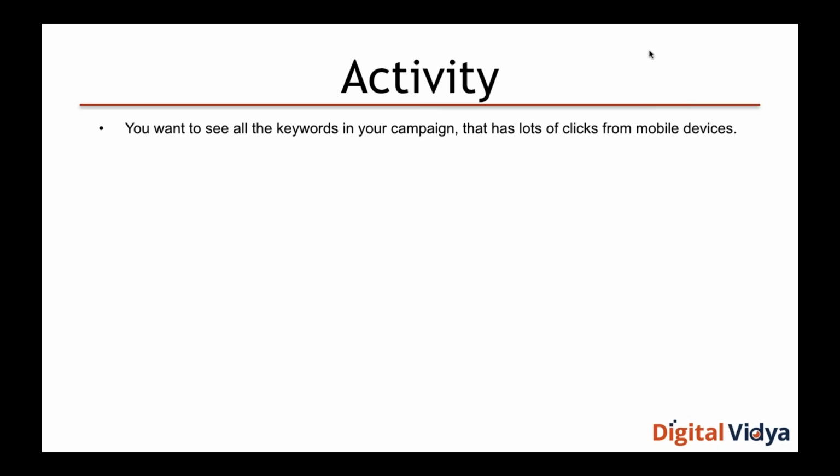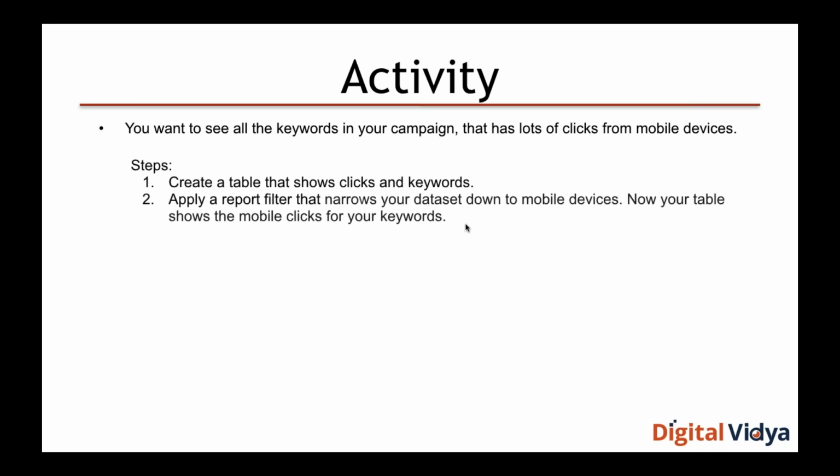Any idea? Select device in the report template. Yes, you can segment your data according to devices and then have a look. Create a table that shows clicks and keywords. Apply a report filter that narrows your data set down to mobile devices. Now your table shows mobile clicks for your keywords.